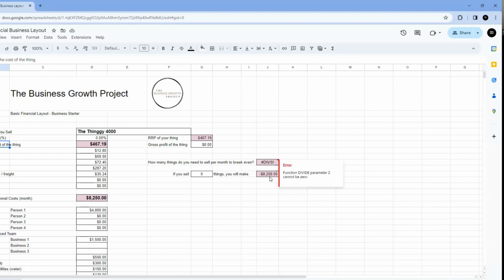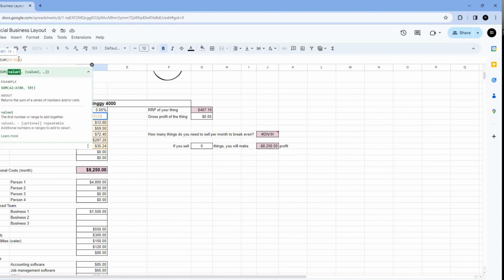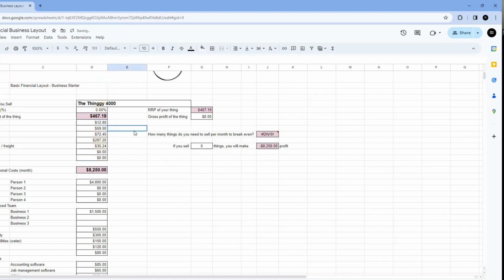Now these highlighted cells here, these already have a calculation built into them, so we don't need to go and touch them. It reminds me I actually need to change that one because I added a couple more to the bottom of that. Okay, so the first thing we're going to do is work out how much our thing costs.